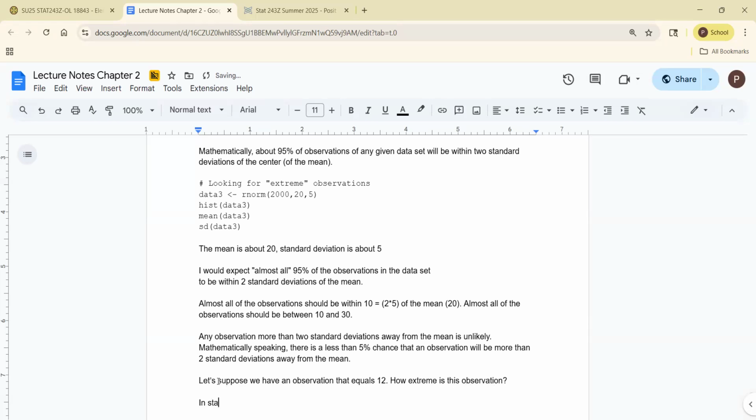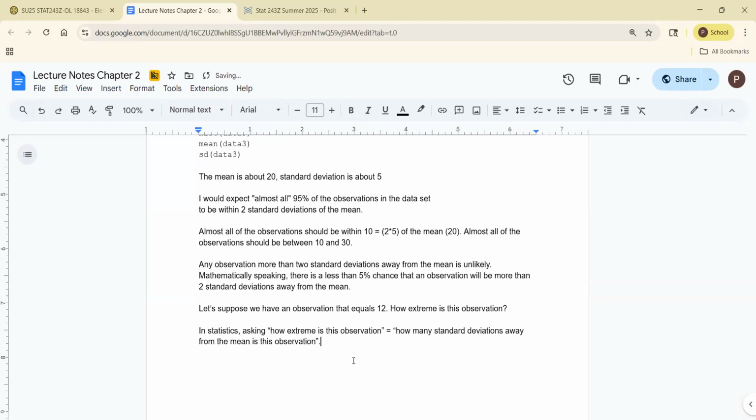Well, in statistics, asking how extreme is this observation is the same thing as asking how many standard deviations away from the mean is this observation. So I want you to keep that in mind. Whenever we talk about extreme or unlikely, we're talking about how many standard deviations away from the mean is this observation.